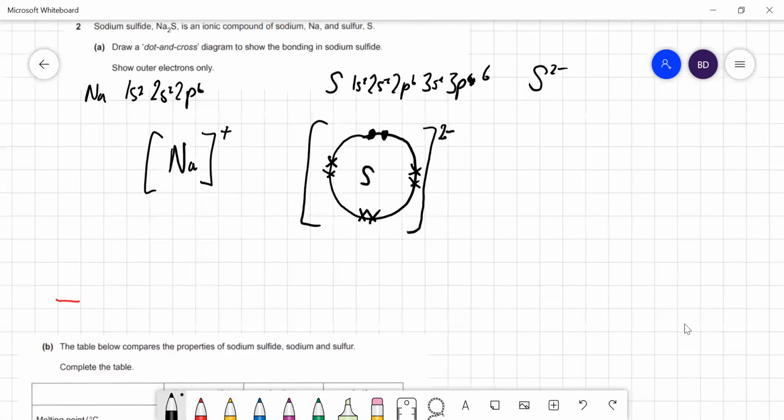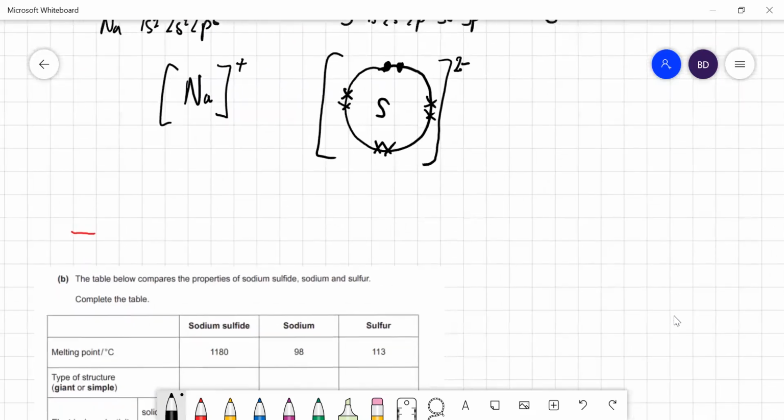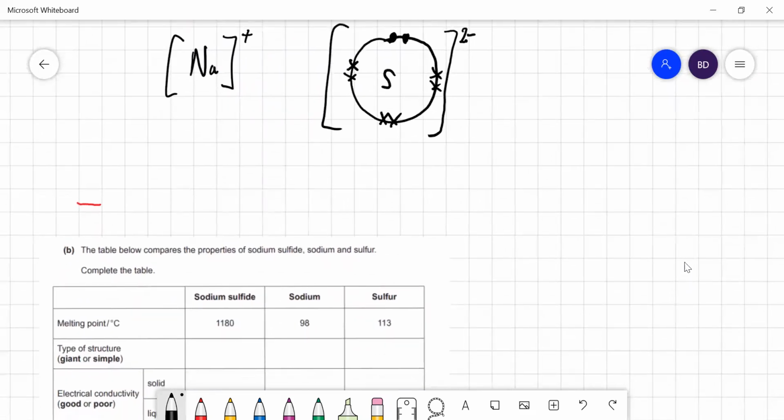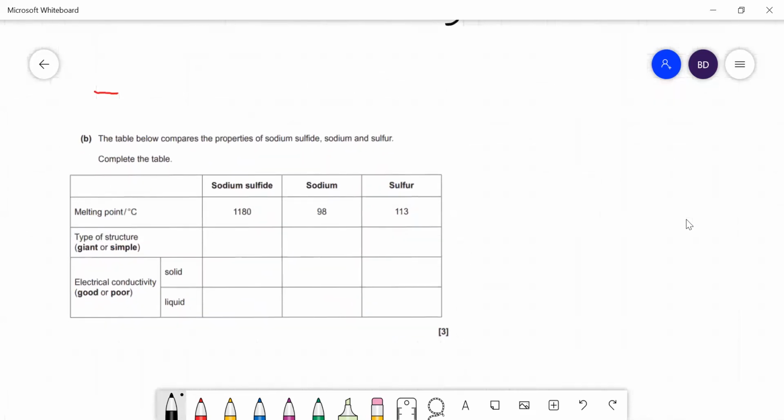Okay. The table below compares the properties of sodium sulfide and sodium and sulfur. Let's complete this table. Okay. Now, we've got to think, all right, sodium sulfide, it's ionic, okay? 2 Na plus ions and a sulfide ion.